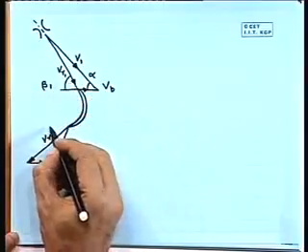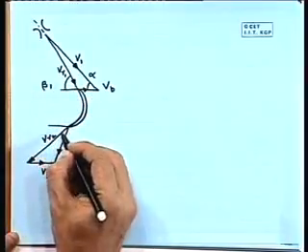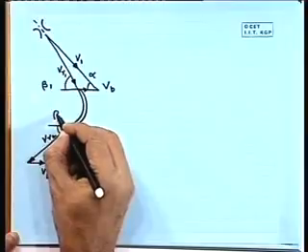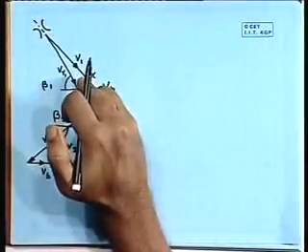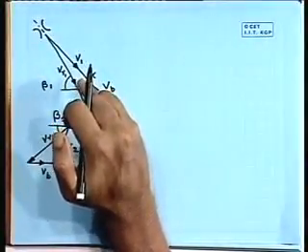This is beta 1 and this angle is beta 2. One is the blade inlet angle and the other is the blade outlet angle. So, we have got another representation of different components of steam velocity when it enters the blade and when it goes out of the blade. This is basically a triangular representation.